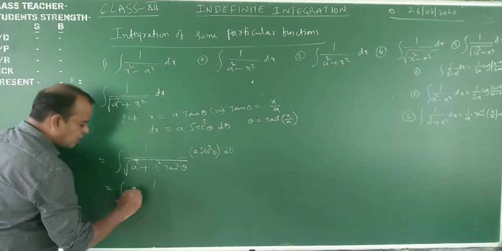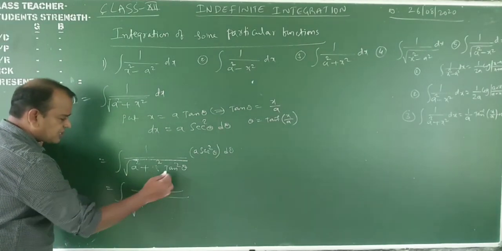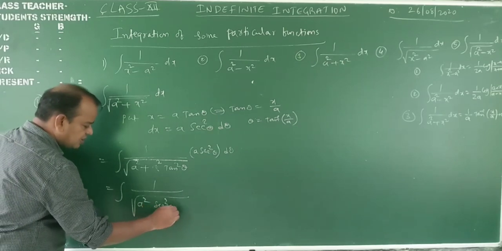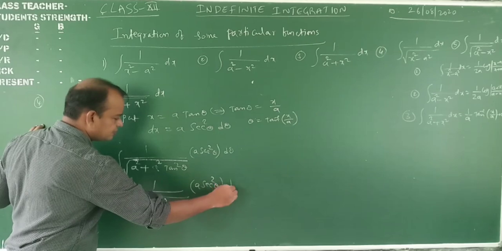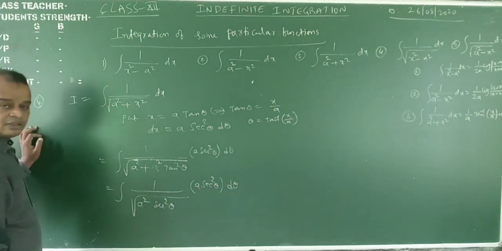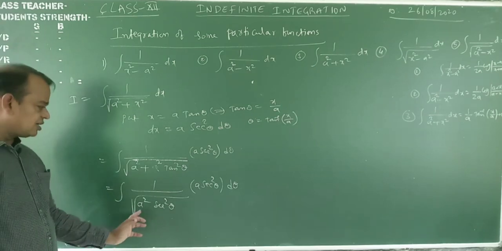Integral 1 by root over a square secant square theta into a secant square theta d theta. Now the square root cancels, and this is a secant theta only.